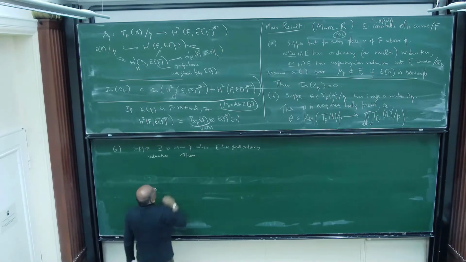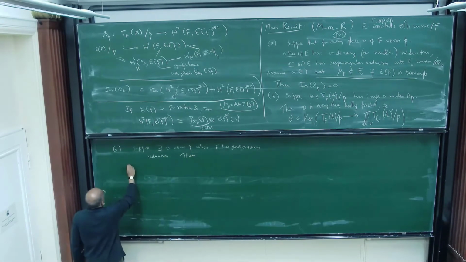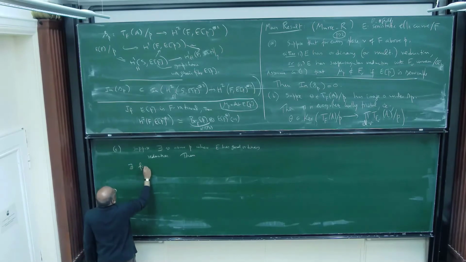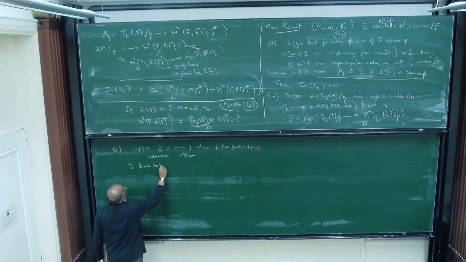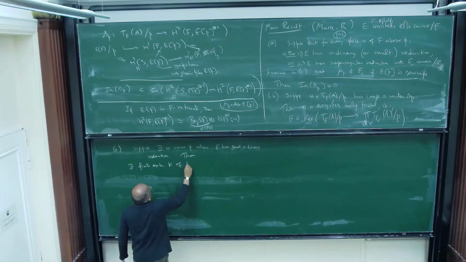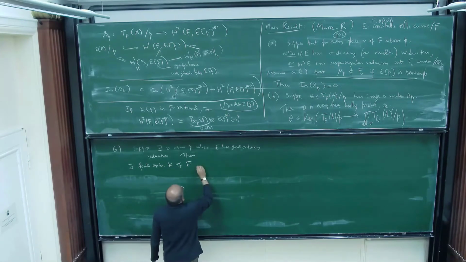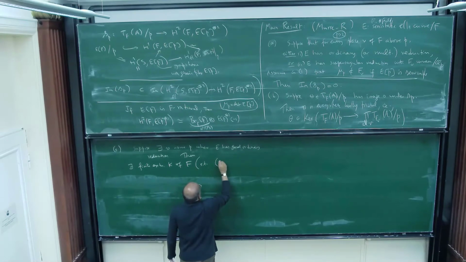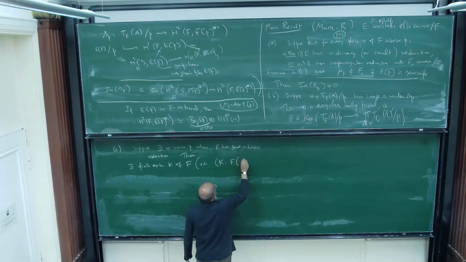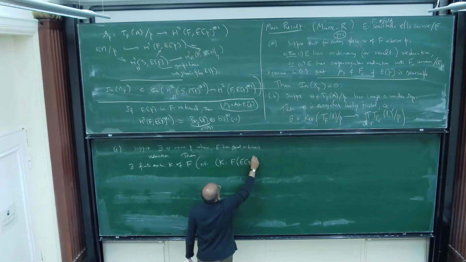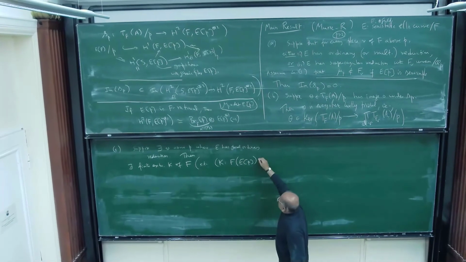Then there exists a finite extension K of F such that the degree of K over F, if you adjoin E[P], meaning the field over which E[P] becomes rational, is at most 4.